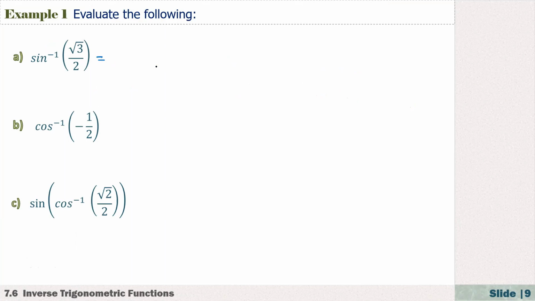So by definition, sine of alpha is equal to -square root of 3 over 2, where this alpha is a number over the interval from minus pi over 2 to pi over 2, right?